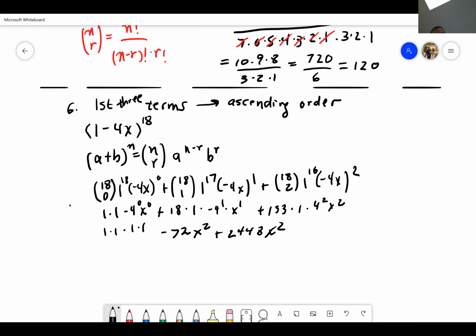Let me finish it: 1 minus 72x plus 2,448x squared. Wait, why is the x squared? Oh, it shouldn't be squared. Thank you. This is the first power. And that's it. Pretty simple, right?